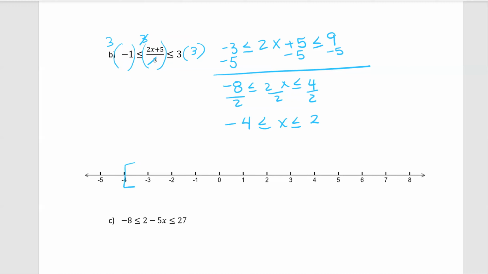So our numbers are like our bookends, and then x is between them. So to write it as an interval, we would have a bracket, -4, comma 2, and a bracket.